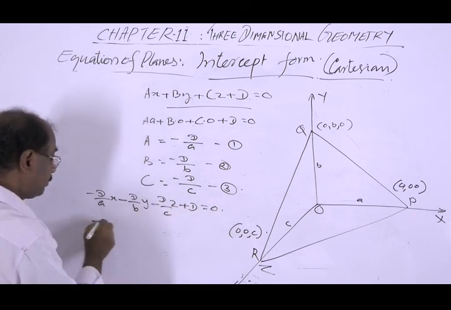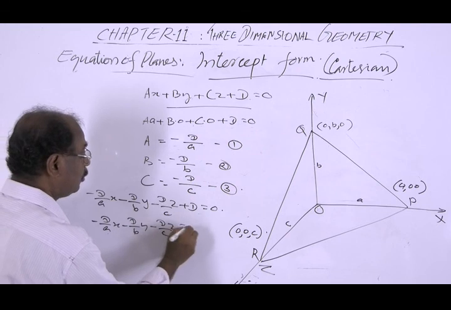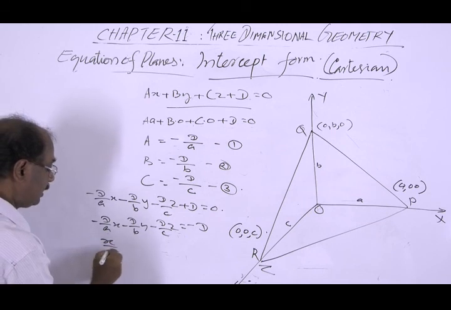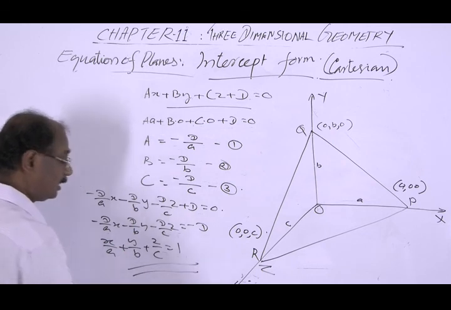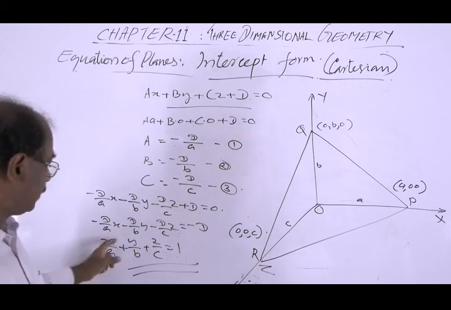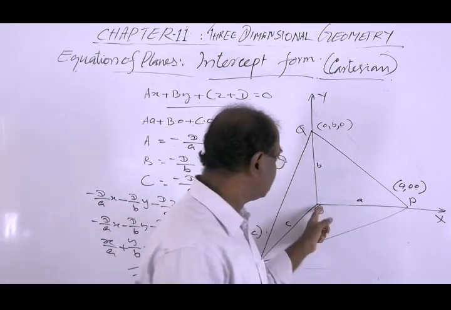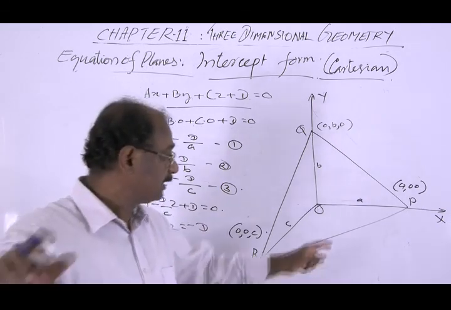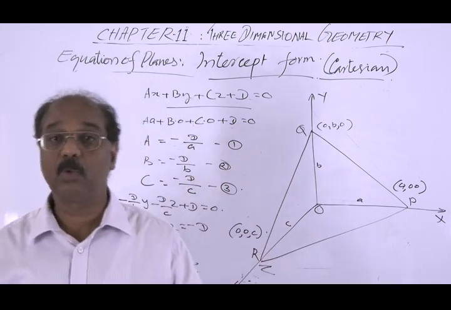Transposing this D to the right side, minus D by a x minus D by b y minus D by c z equals minus D. Cancelling minus D from both sides, we see that x by a plus y by b plus z by c is equal to 1, and this is the required equation of the plane. x by a plus y by b plus z by c equal to 1, where a, b, c are these distances which are the intercepts on the axes: x-intercept a, y-intercept b, z-intercept c. So this is the required equation.